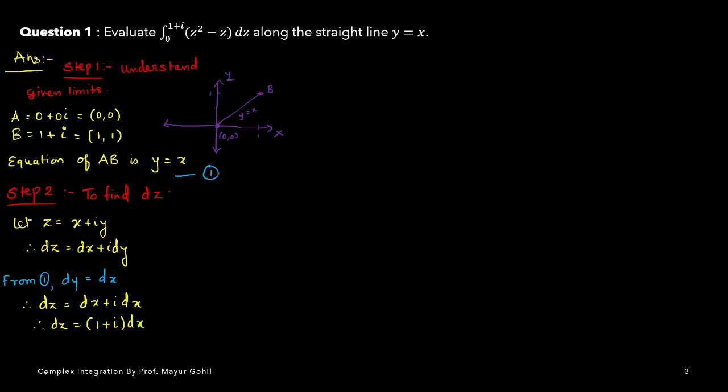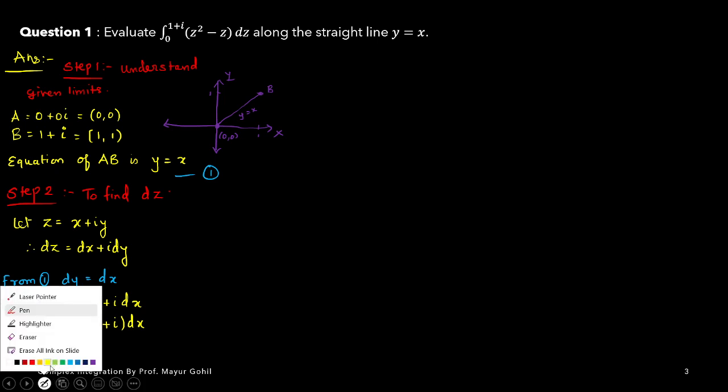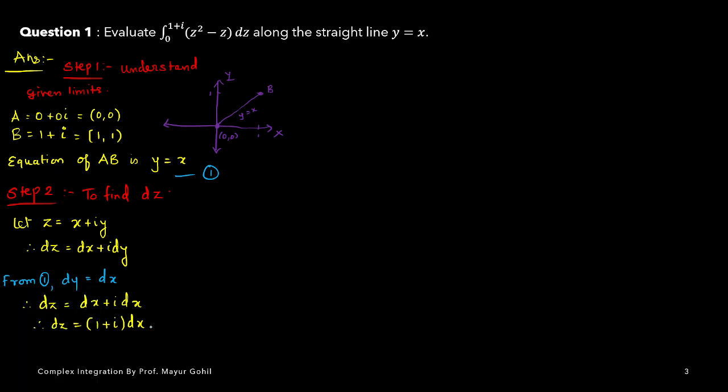This is very important. So we get another new thing regarding dz, that it has now changed from dx plus i dy to 1 plus i dx. This is step 2.